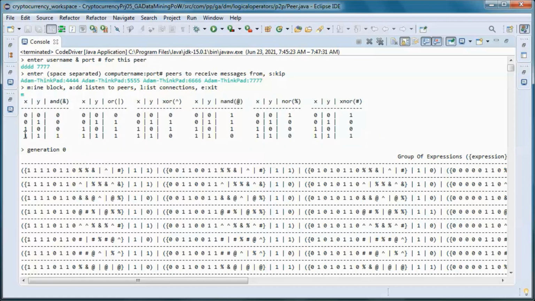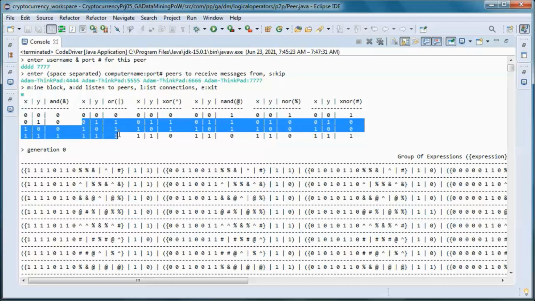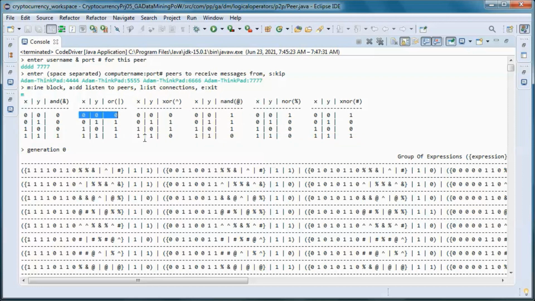So for AND, if both X and Y are true, then the result is true, otherwise the result is false. And for OR, if either or both of x and y are true, then the result is true, otherwise it is false.